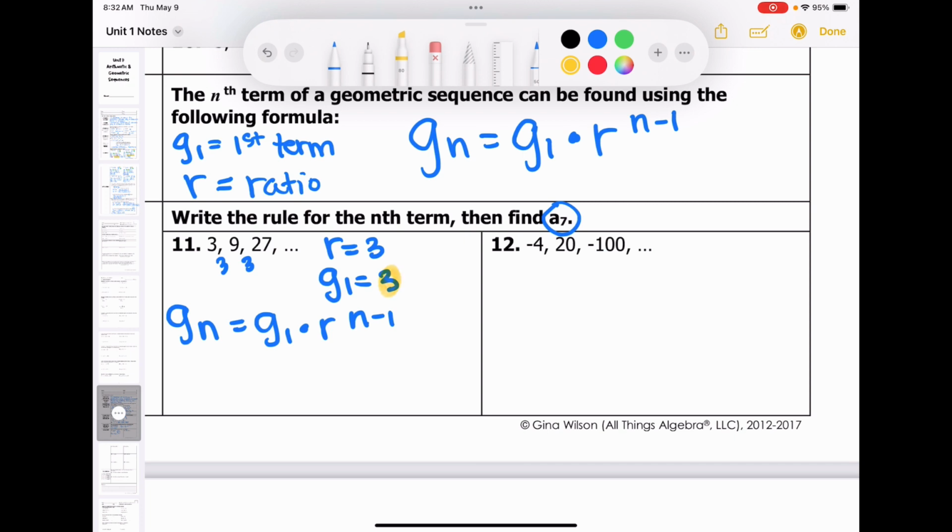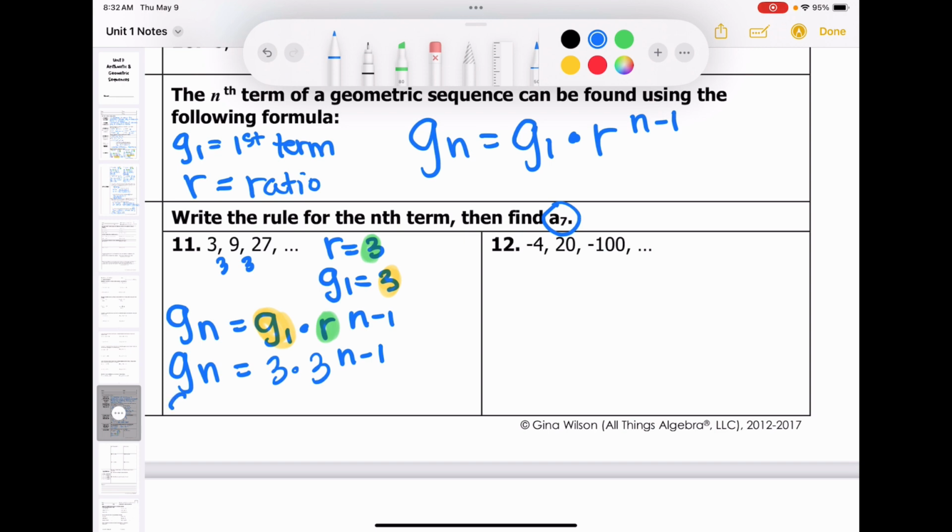So I'm going to plug in 3 for my G1, and I'm going to plug in 3 for my R. So I have Gn equals 3 times 3 to the n minus 1 power.